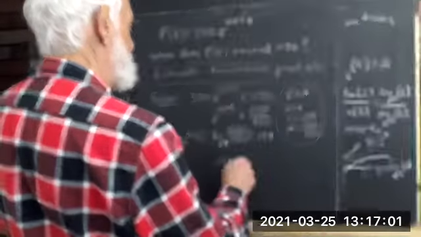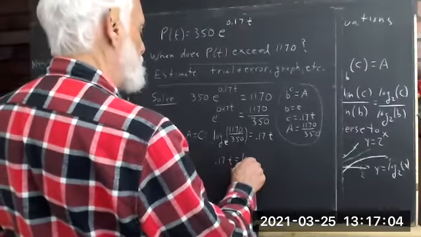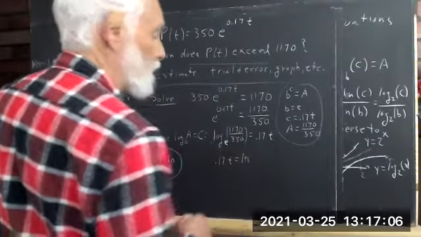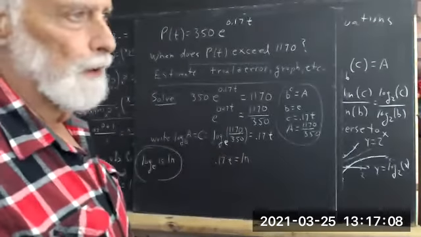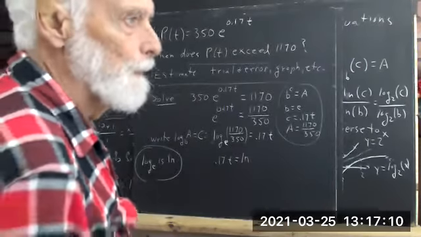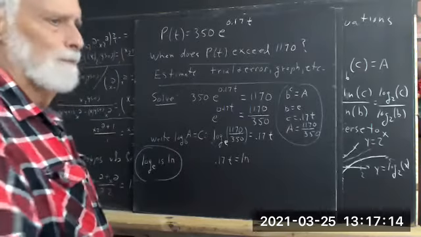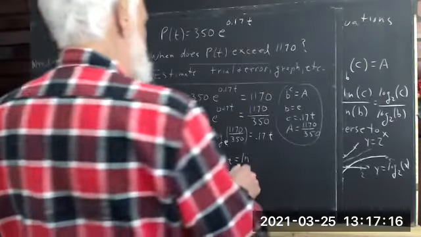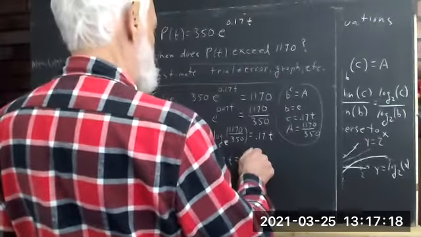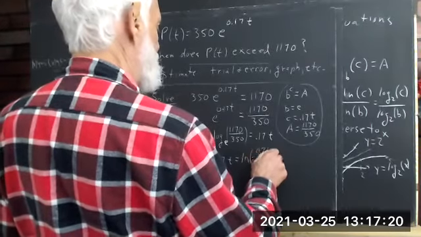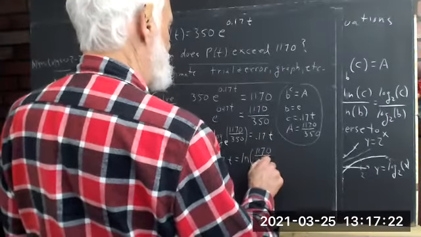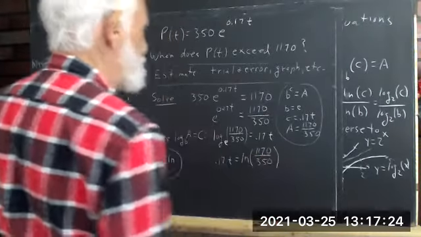So we have 0.17 t equals the natural log. And we want to write it as natural log because you have a natural log key on your calculator or any computer algebra system or an online calculator. So we have natural log of 1170 over 350.